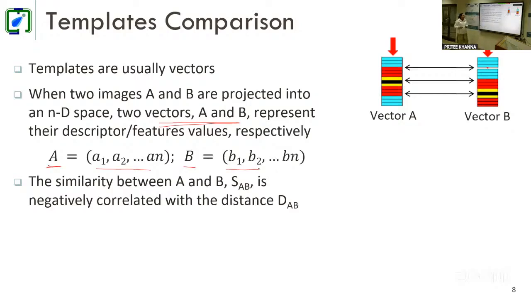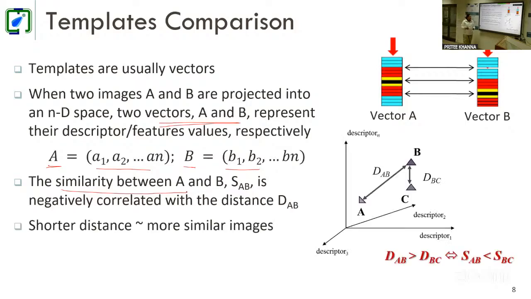Now what we need to do is calculate the similarity between A and B. Similarity is negatively correlated with the distance. So if the distance is more, similarity is less. If distance is less, similarity is more.